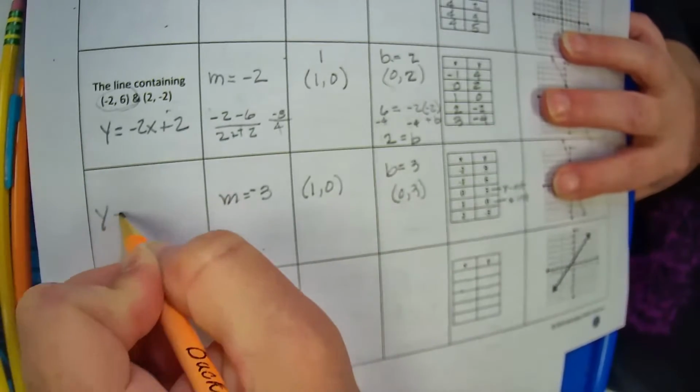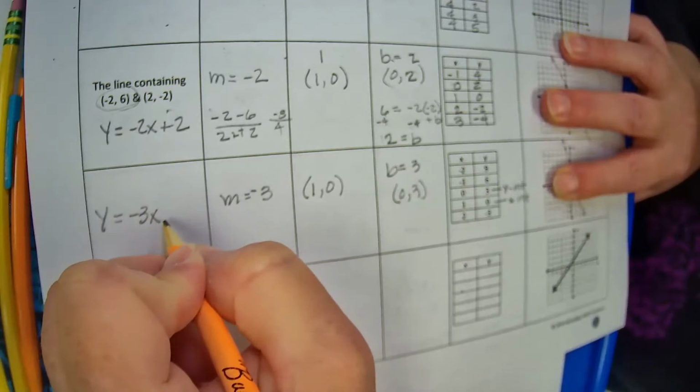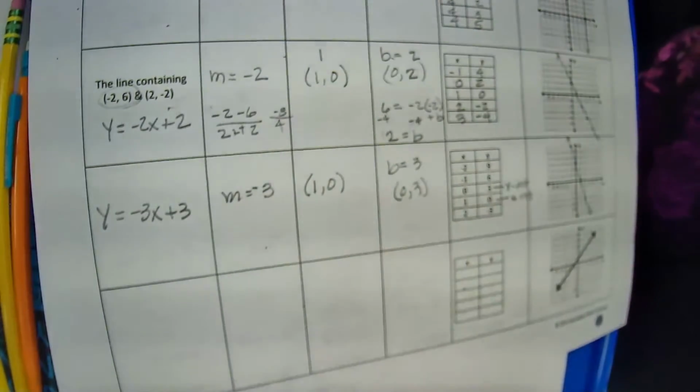So our equation is -3x plus 3. Everybody good? Does anybody have a question?